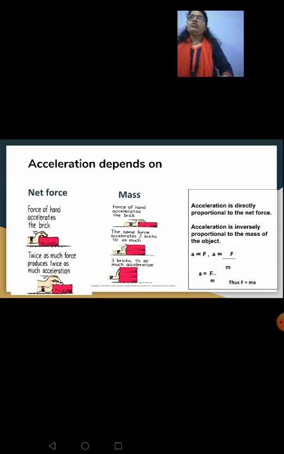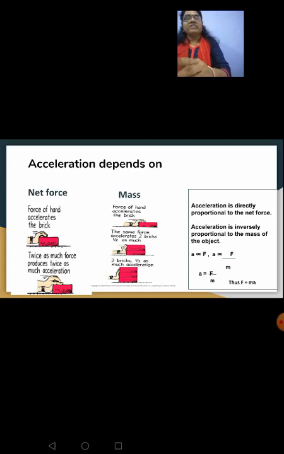Now, when you increase the number of bricks, the mass will also increase. When you apply the same amount of force that you had applied on 1 brick to 3 bricks, what will happen? The acceleration will reduce further. Look at the figures carefully. The first picture shows the acceleration shown by 1 brick, and the second figure shows the acceleration when you increase the mass to 2 bricks; it has reduced.